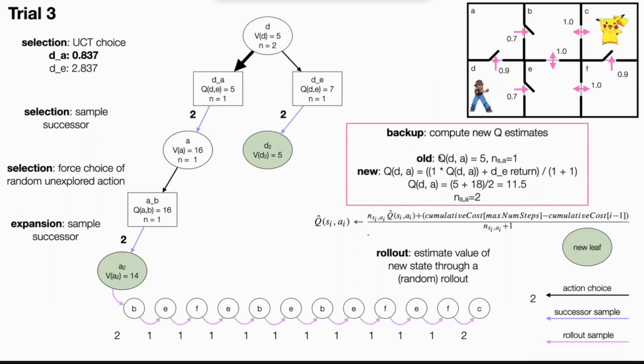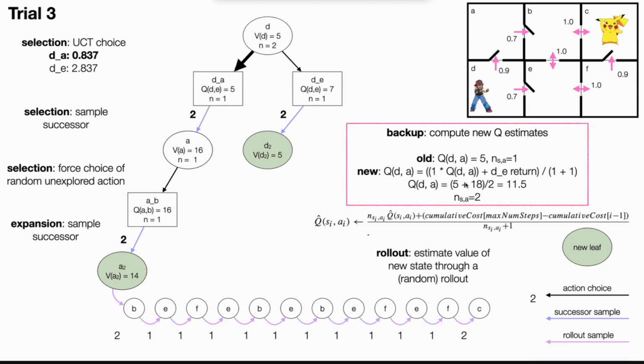So we've got our Q value, so the formula's here. And basically it takes the previous average, adds on the difference, and divides it by the total. So this is simply taking a running average. It takes the old Q value, adds on the new value, and divides it by 2.